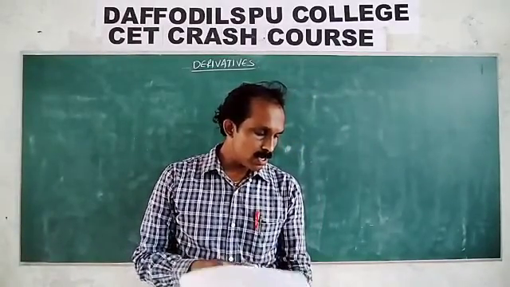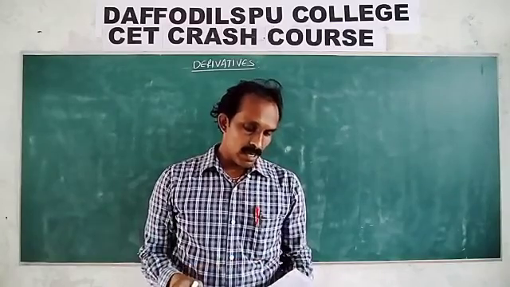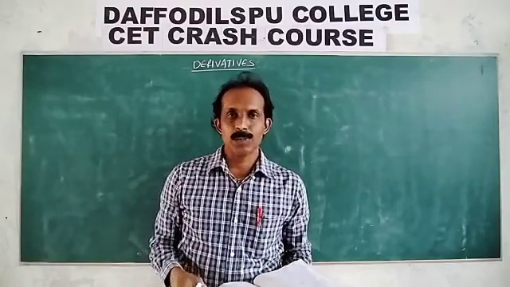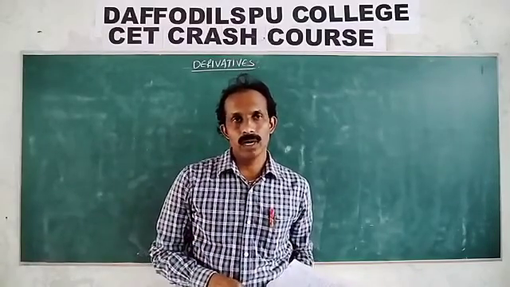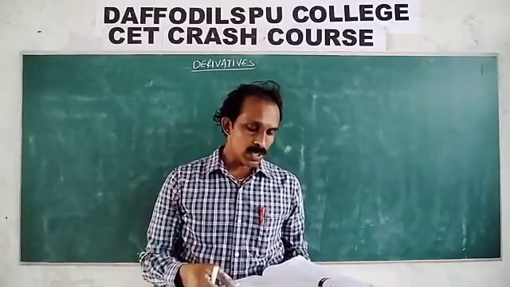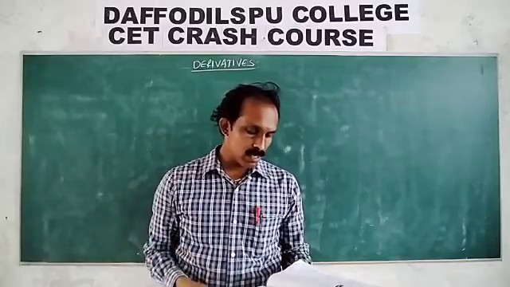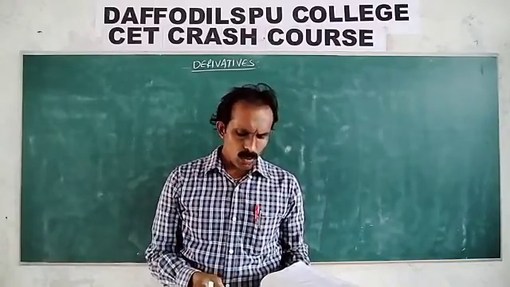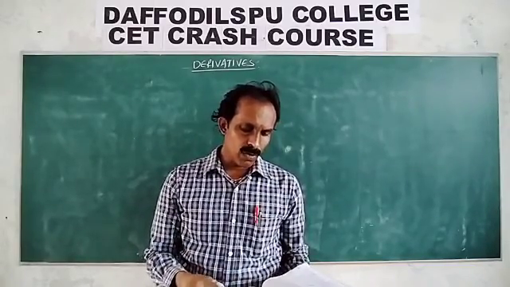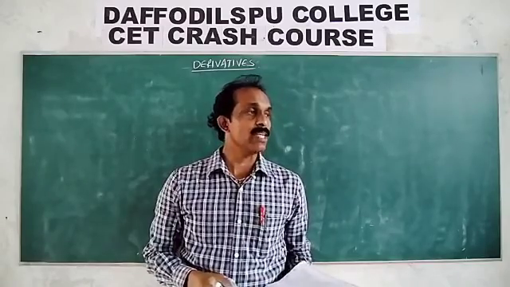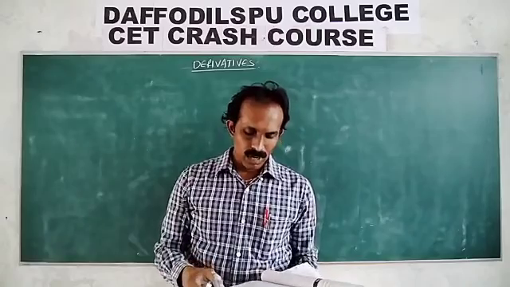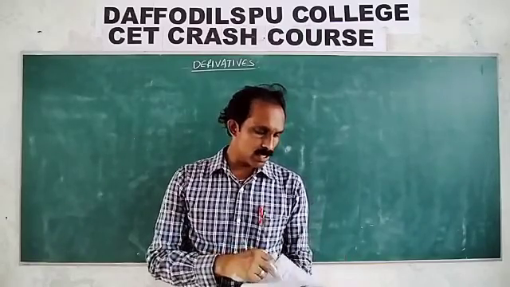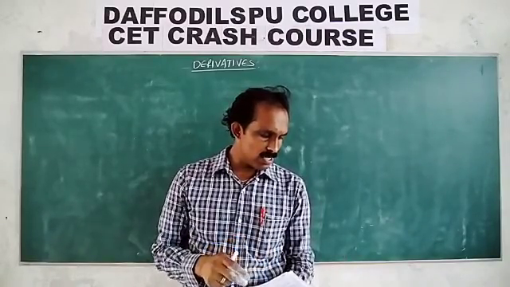Read the formulas once: every trigonometric function formula, exponential function, log function, and the u by v quotient rule, product rule, and three-function product rule. First, x power n is equal to n x power n minus 1, then log x, e power x derivative, like that. Read all formulas once.